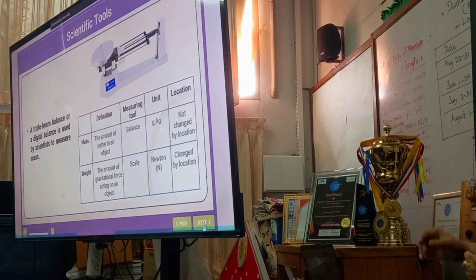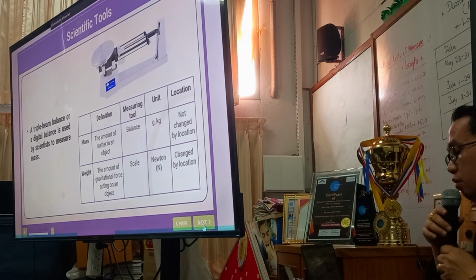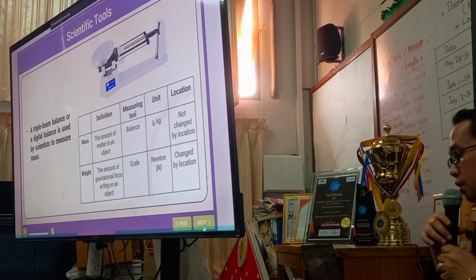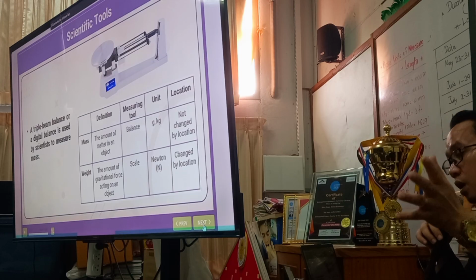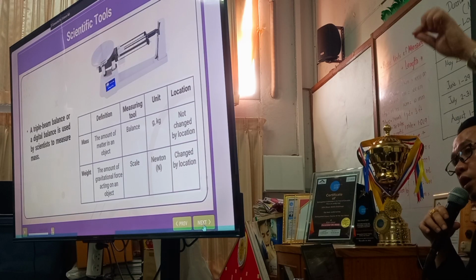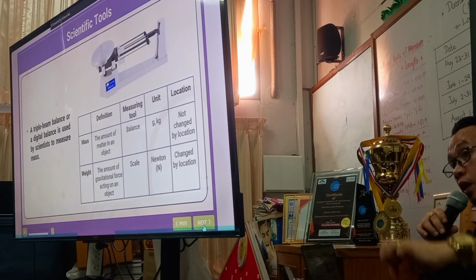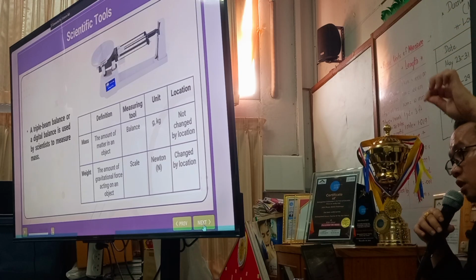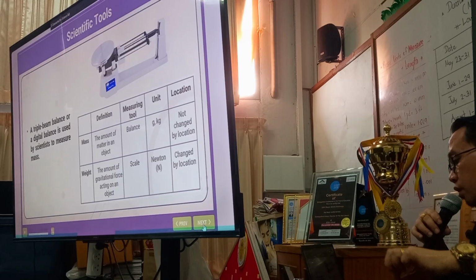Mass is the amount of matter in an object. However, when we talk about weight, it is the amount of gravitational force acting on an object downward. That's what we call weight.